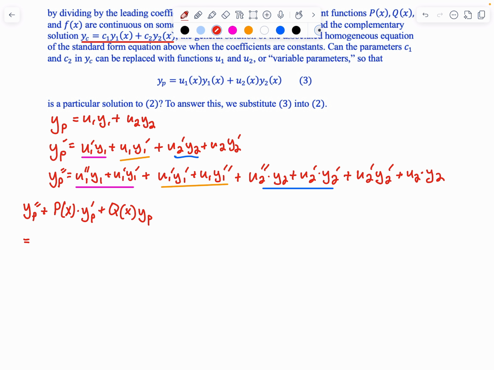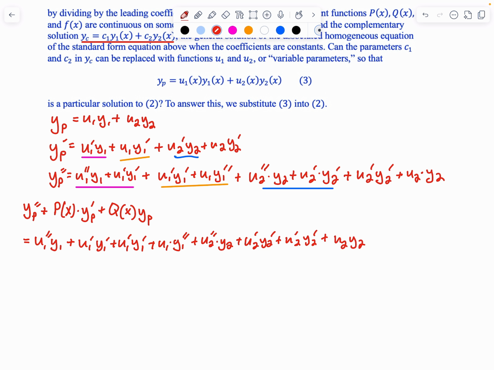Okay, so we get u1 double prime y1 plus u1 prime y1 prime plus u1 prime y1 prime. We get 2 of those plus u1 y1 double prime plus u2 double prime times y2 plus u2 prime y2 prime plus u2 prime y2 prime. We get 2 of those plus u2 y2 double prime.